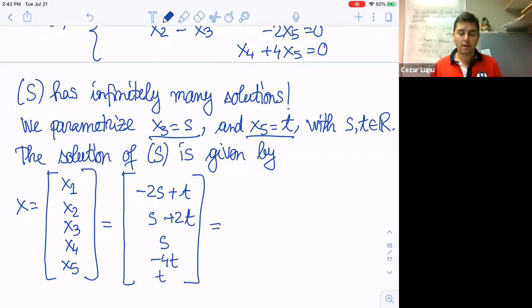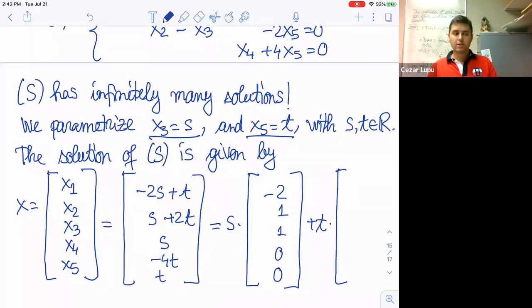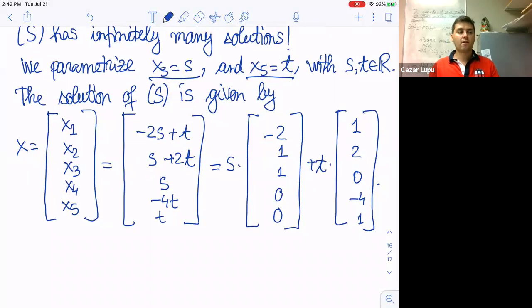Anyway, you can write this as a linear combination of these two vectors. So it's s times negative 2, 1, 1, 0, 0, plus t times this vector, which is 1, 2, 0, negative 4, and 1. In other words, the basis for the kernel will be given by these vectors.